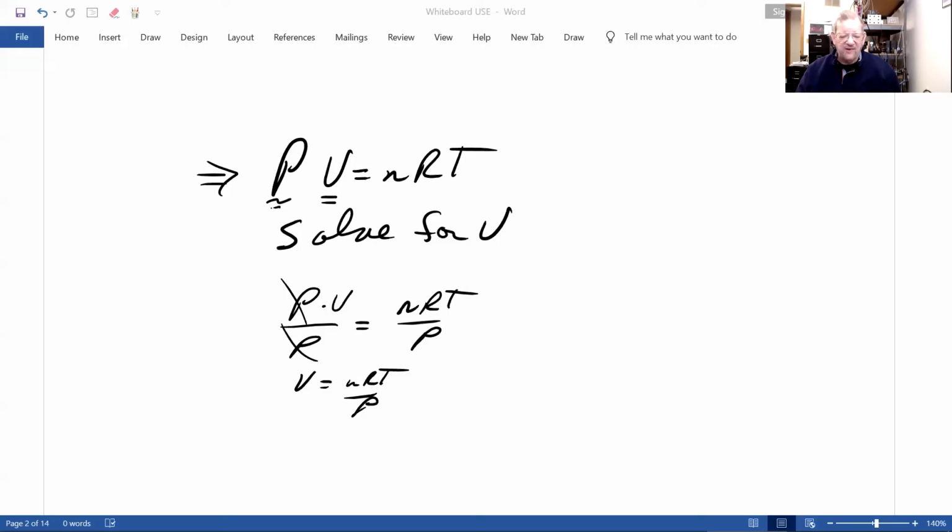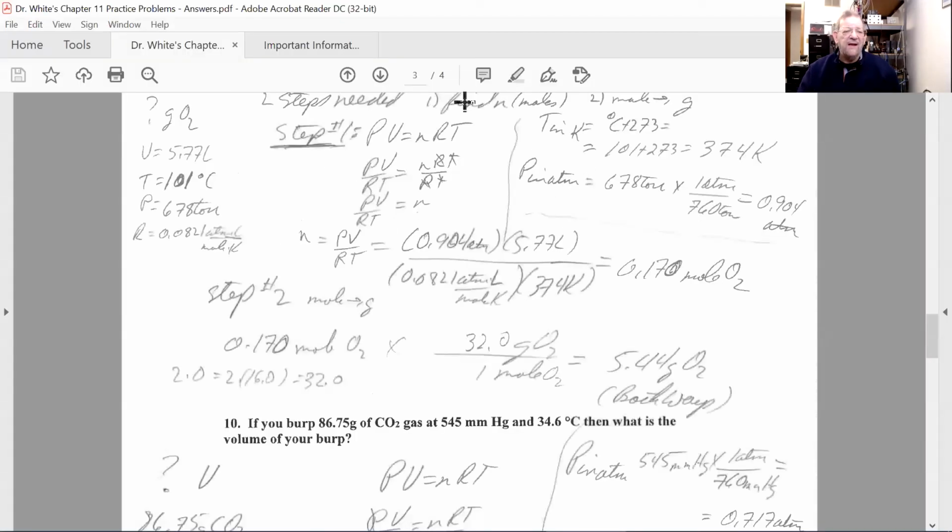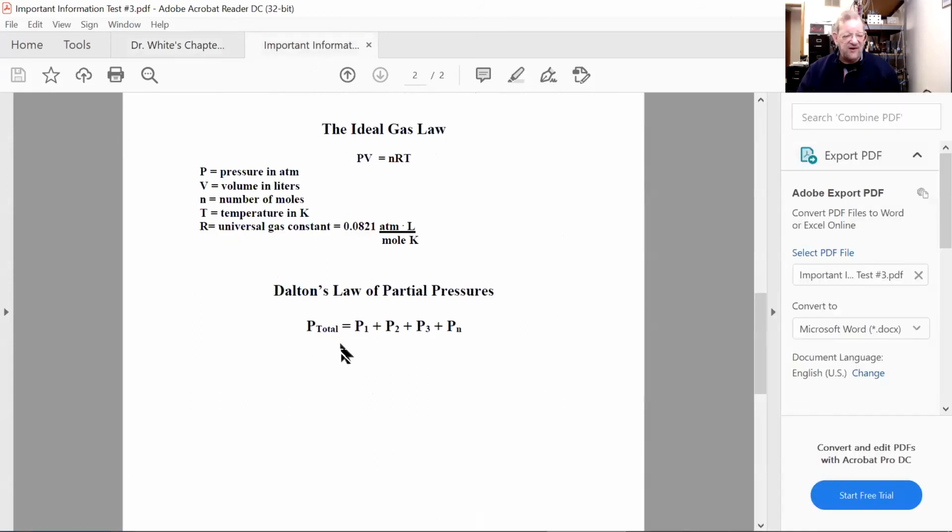But anyways, in that problem set, which I now have to correct sometime in the future, if you look, that's not what I want. Important information, Dalton's law of partial pressures.